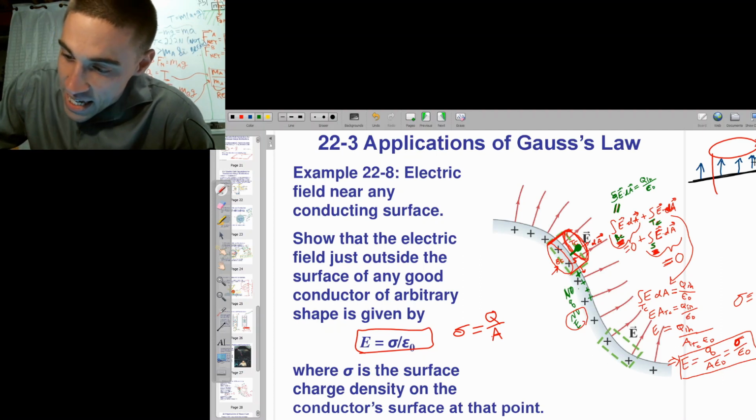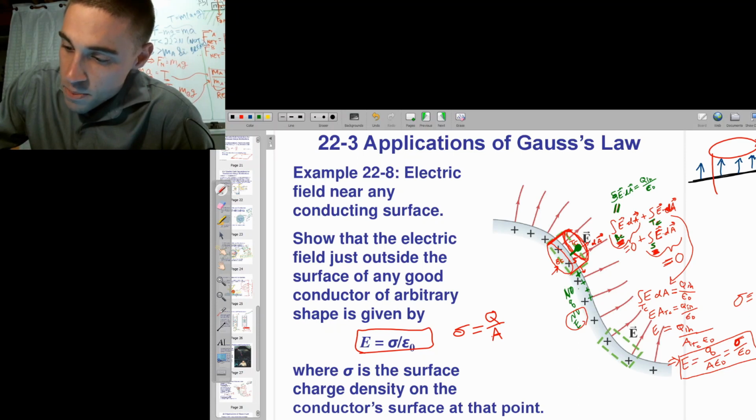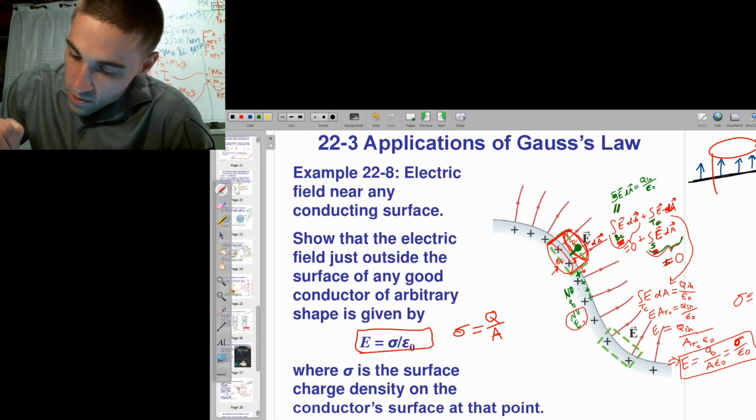E dot dA is going to be 0, right? dA is pointing parallel to the surface, and the electric field has a 0 parallel component, so E dot dA on the sides is going to be 0. This part is going to be 0. On the top cap, E dot dA is not 0. That's the only non-zero term here.